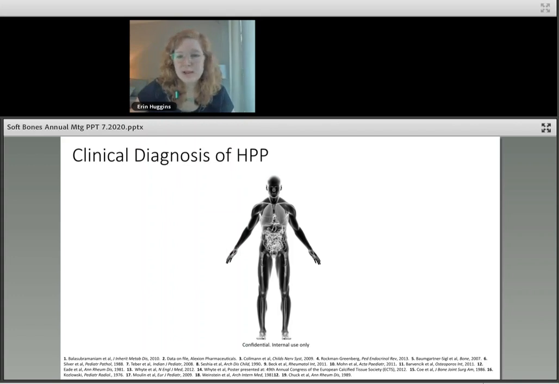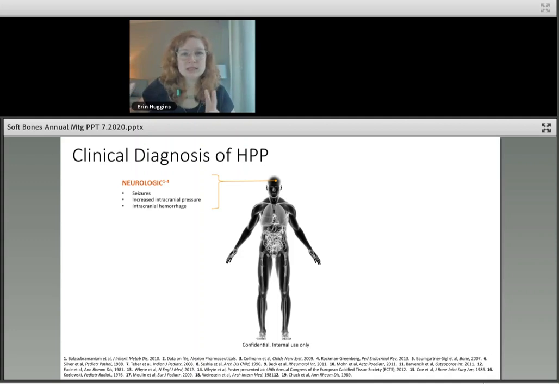Of course, this slide you might be familiar with. I borrowed it from Dr. Kishnani's presentation, so I'd just like to highlight a couple of the other findings in HPP that we're aware of aside from the bone manifestations. So one of them is neurologic features.